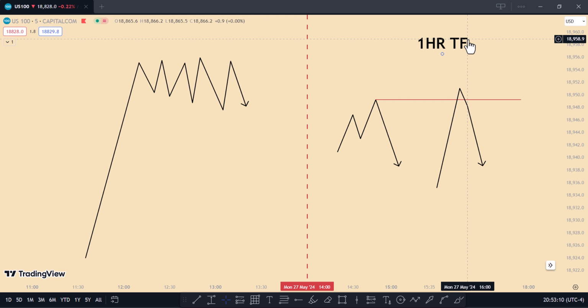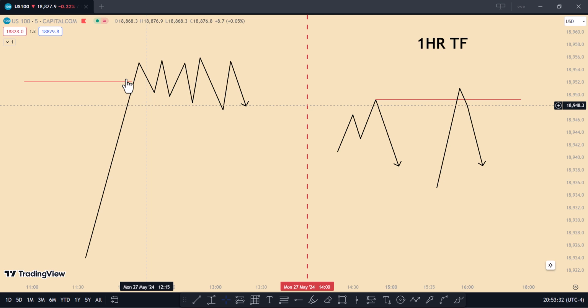So if you are executing on the 1 minute, you can monitor the 1 hour, the 4 hour, or even the daily. Sometimes you will see both scenarios happen at the same time. You have a big expansion just like this, and then this expansion runs a higher time frame high right here, and then you can expect a consolidation. So this is how you can anticipate a range.